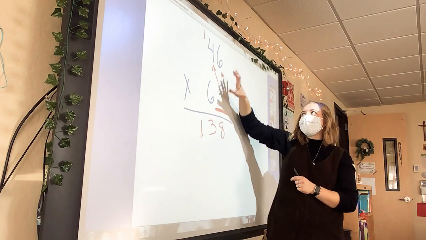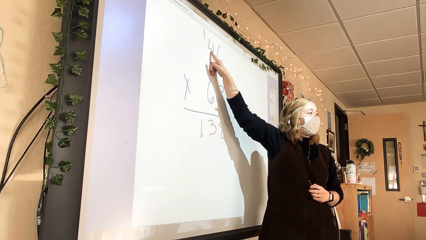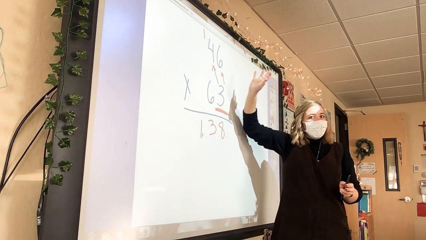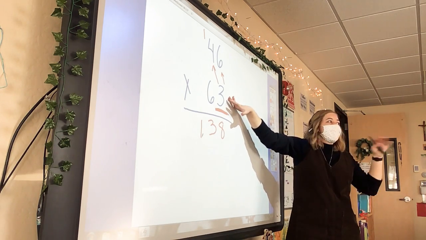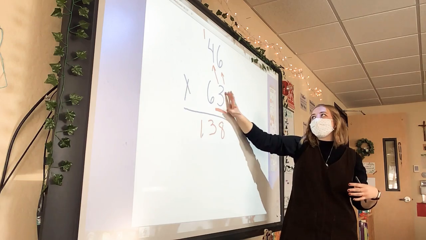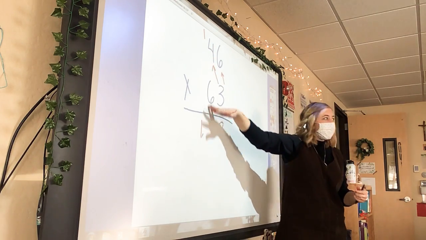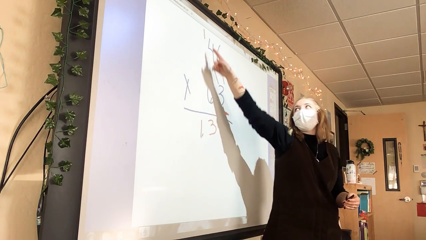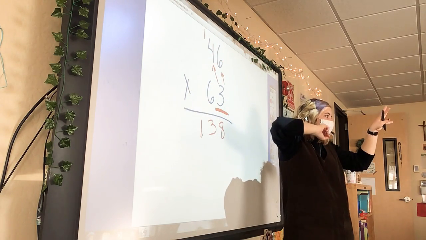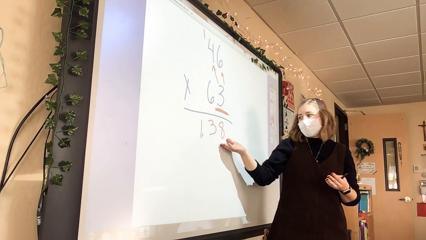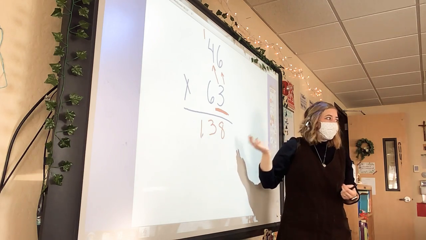So 3 times 40, because this is 4 tens, okay? Now, we don't have to know what 3 times 40 is, but just so you know as far as place value goes, we're doing 3 times 40, which is 120, and then we add one more 10 to that, and that gives us 130, right? And then we take that 130, and we add it to our 8 ones, and that gives us 138, okay?